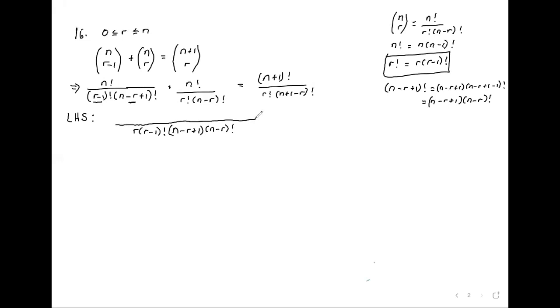Then now we divide this denominator here into the denominator down here. What we are dividing is r minus 1 factorial divided by n minus r plus 1 n minus r factorial over r minus 1 factorial n minus r plus 1 factorial.